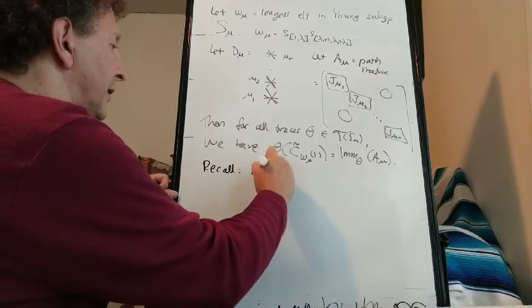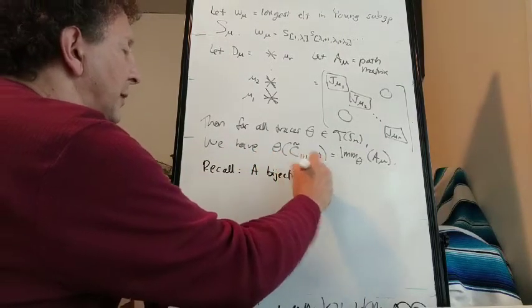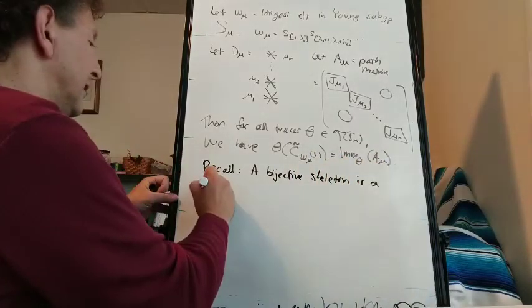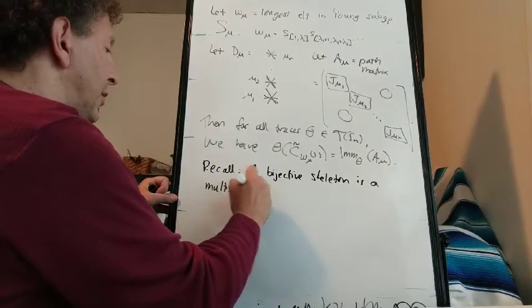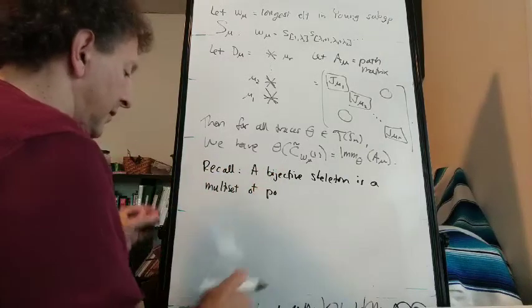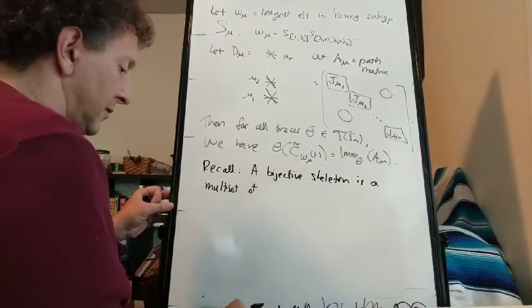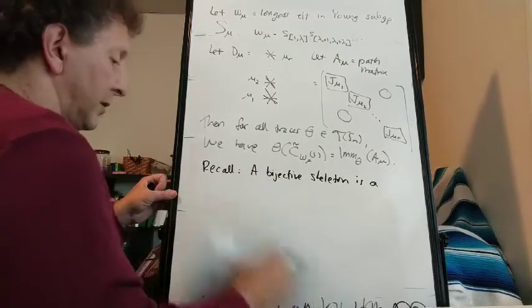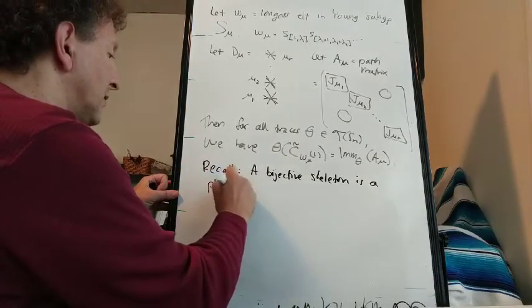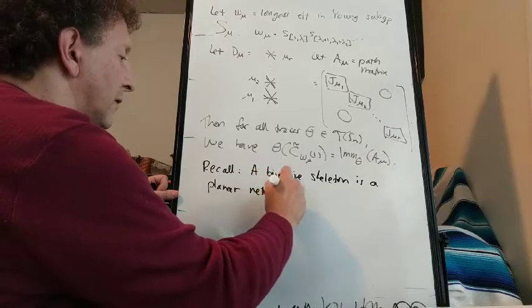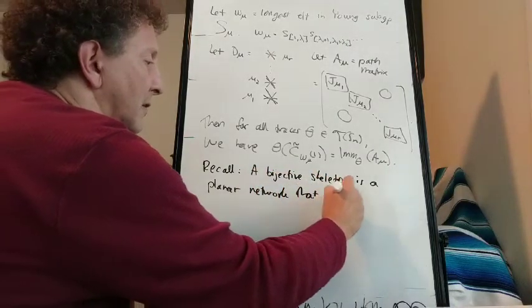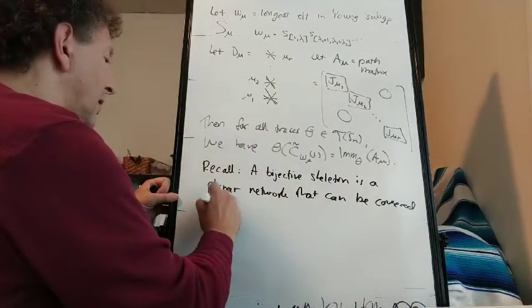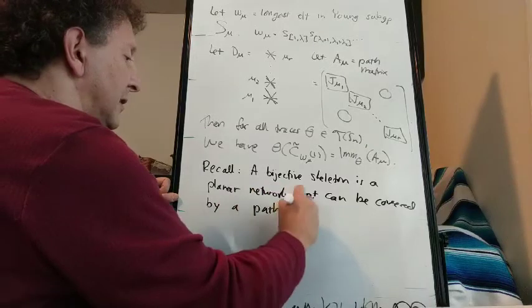So recall that a bijective skeleton is a multi-set of edges. Well, let's say it's a planar network that can be covered by a path family.